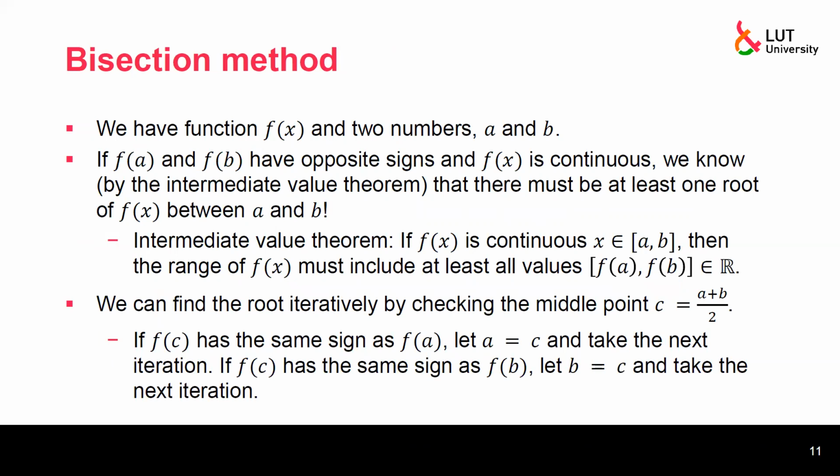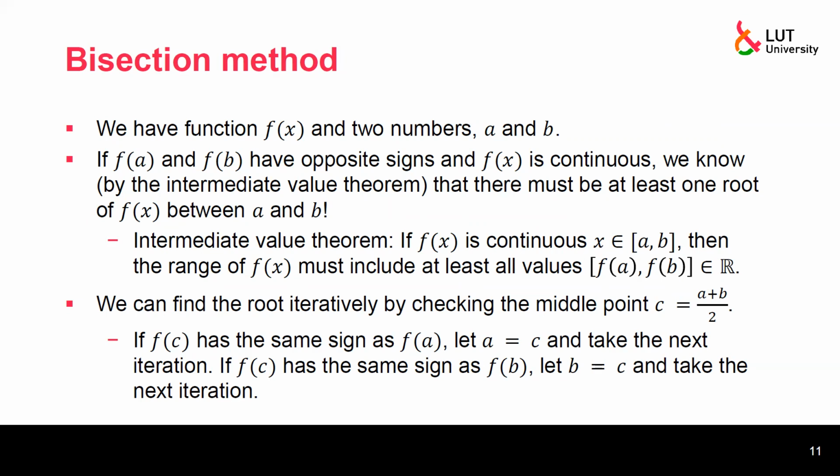essentially. So the bisection method: we have two numbers, a and b. If f(a) and f(b) have opposite signs and the function is continuous, we know by the intermediate value theorem, which was on one of the very first lectures, that there must be a root between a and b. Because it's continuous, all the values between f(a) and f(b) must exist between a and b.